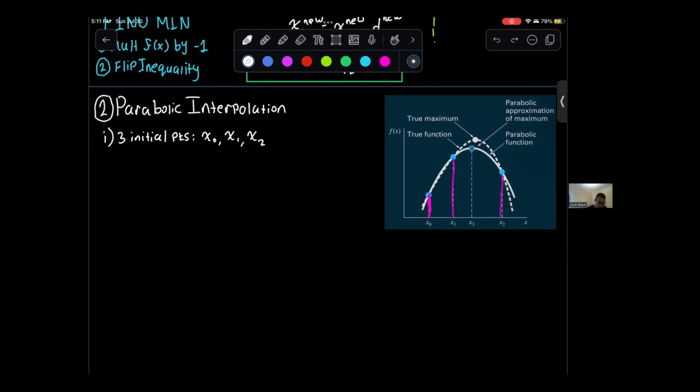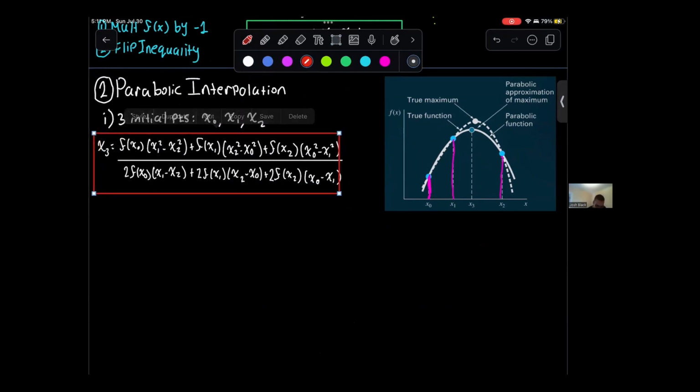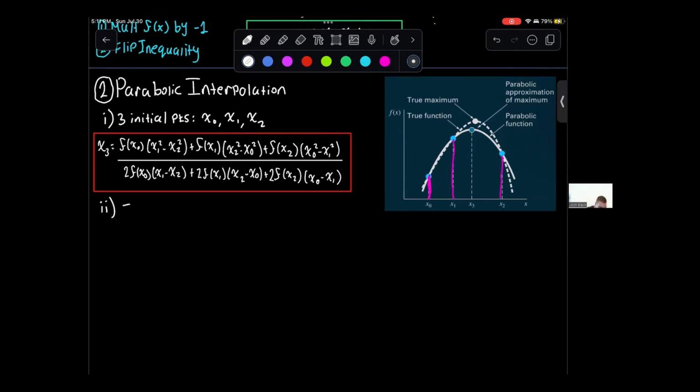I'm just gonna pull it. Okay, my x3 equation is here. Very lengthy, but it ensures the x3 that I'm finding is the maximum of the parabola that we just interpolated. Now, my next step are the if statements.